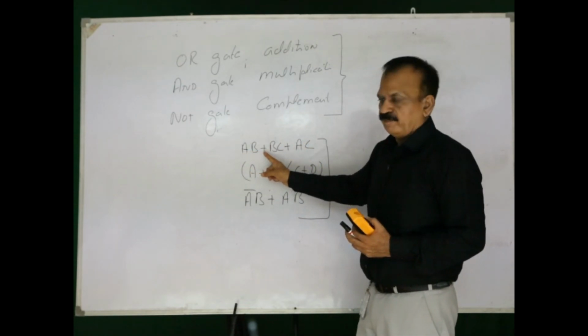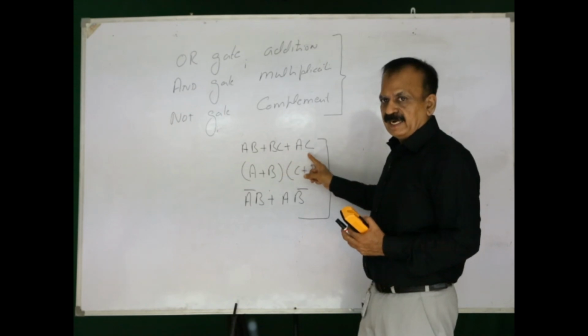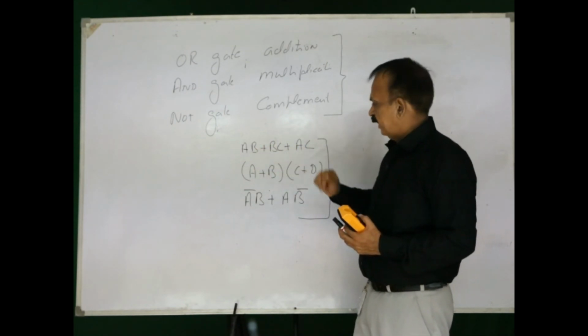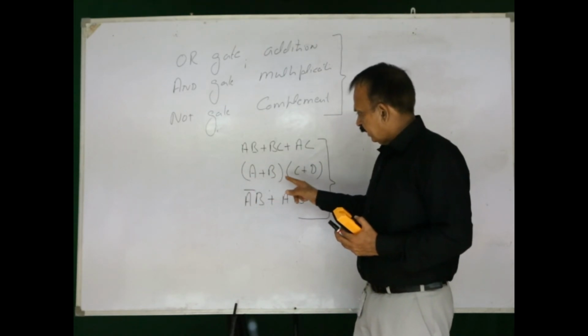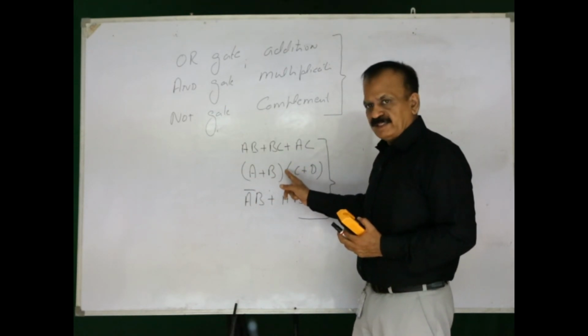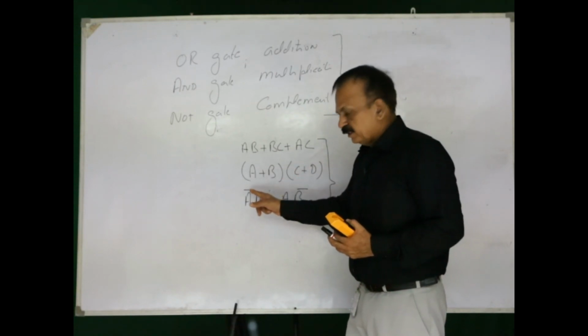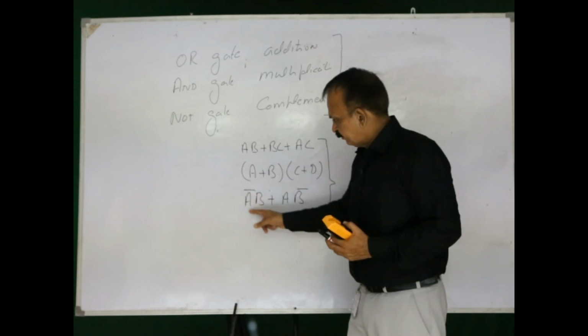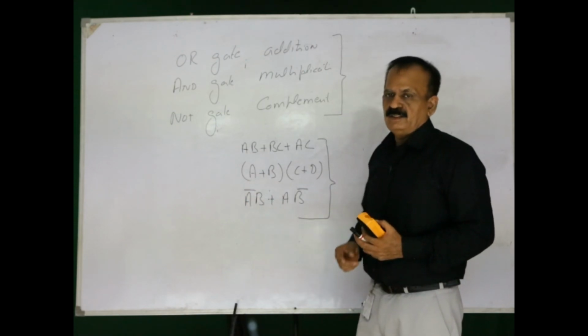This will be with the help of AND gate, AND gate, AND gate and this one will be addition, that is OR gate. Addition, OR gate, multiplied with the help of AND gate. This is complement, NOT gate, two AND gates and finally the OR gate.